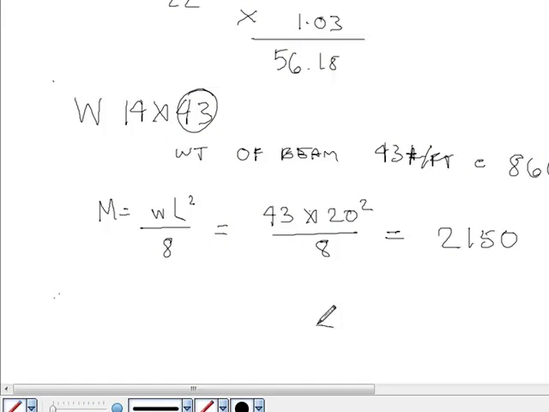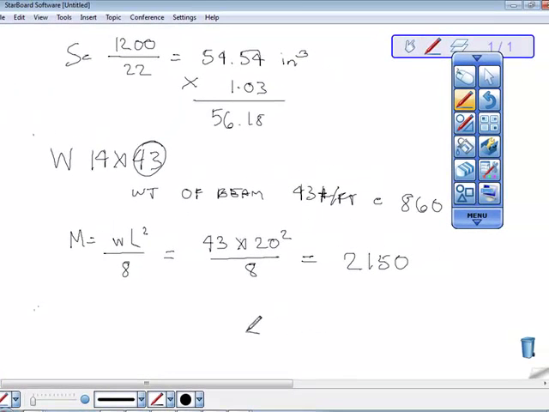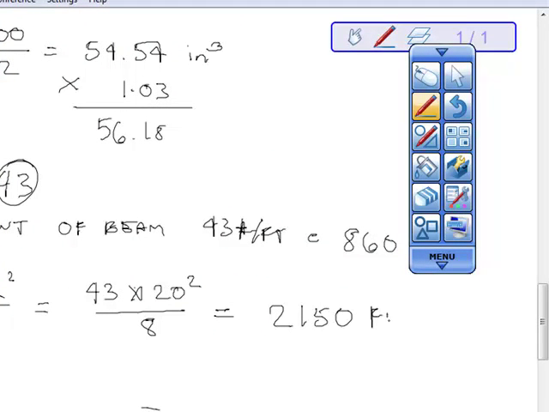I don't know what I did wrong, but okay. So you saw the moment is 2145 foot-pounds, I mean 2150 foot-pounds. Okay, now you need to solve for the S with this weight.